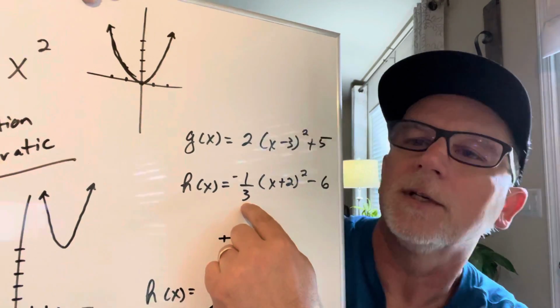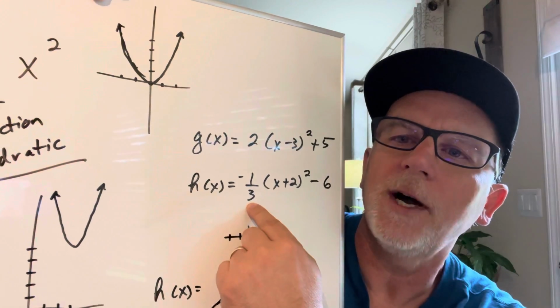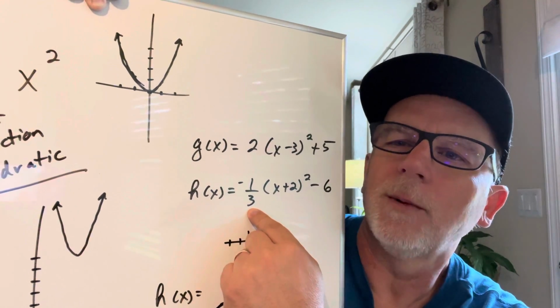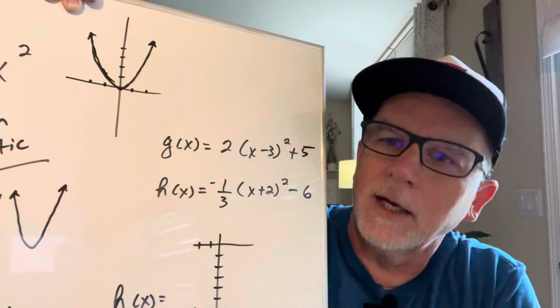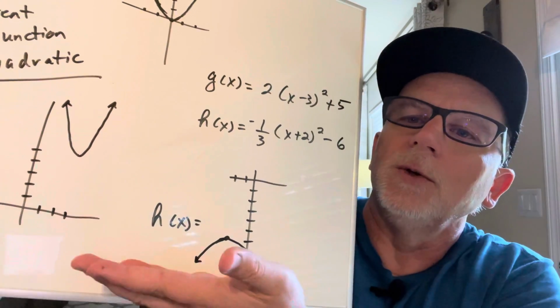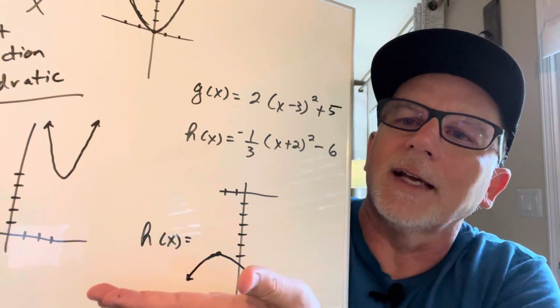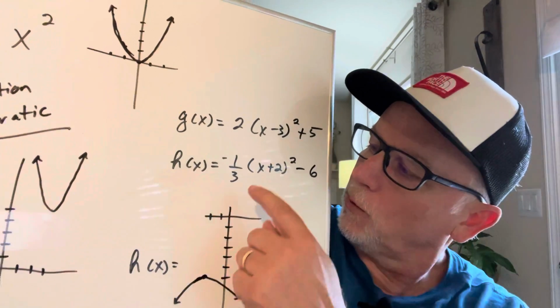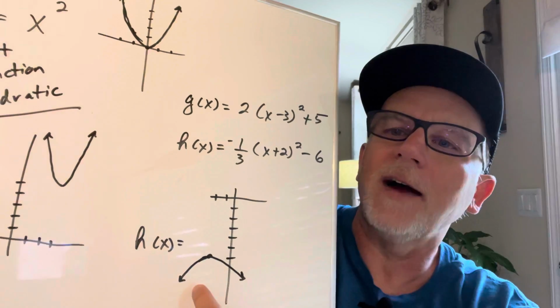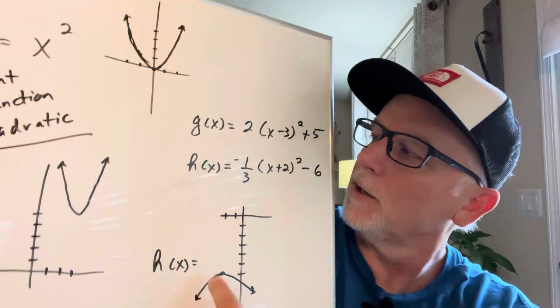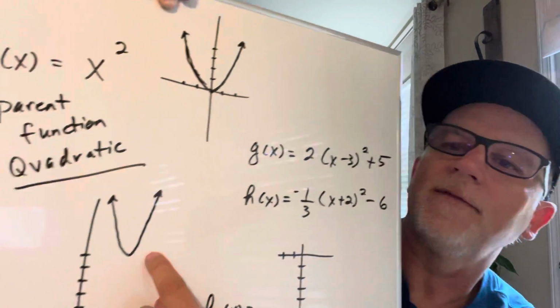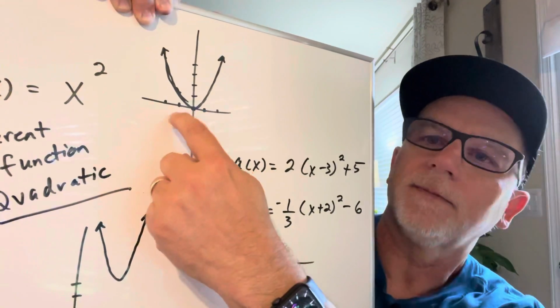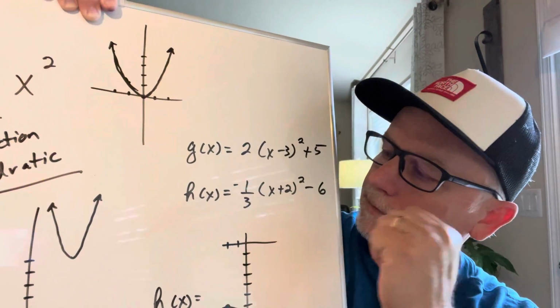But if this number is a fraction between 0 and 1, it's going to be a vertical compression. So it's as if you vertically took it and compressed it, and it would thicken this out or widen it out. So with 1/3, the graph is going to be thicker or wider. With the 2, the graph is thinner than this.